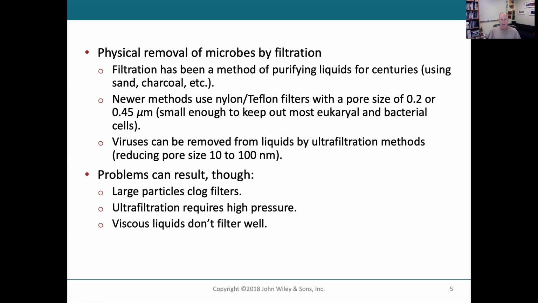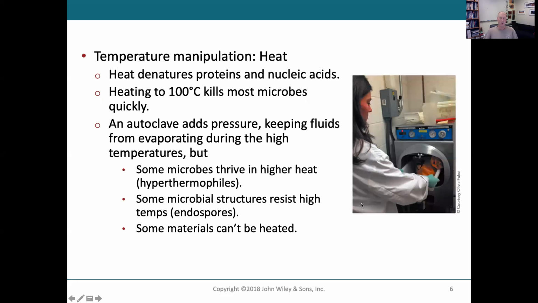So pure water is fine, but if you have other components in the water, and you have much viscosity, if you have various polymers in there, or if you're trying to filter non-water things, then it's not going to work. Think of trying to filter something like maple syrup through a tiny filter. You have to have enormous pressure behind it to get the material to go through. So filtration is useful in some cases, but it's not the only way to do it.